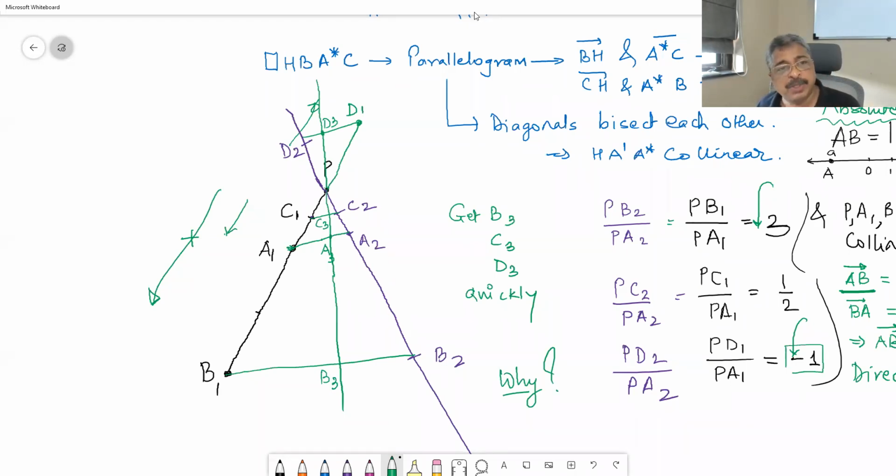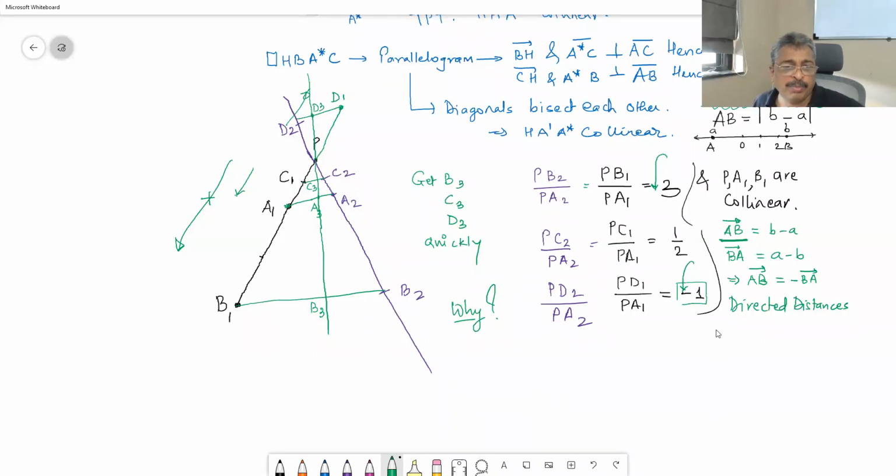Why will those points be the required points? And they will give me these ratios. What do we mean by those points? PB3 upon PA3 is going to be 3. PC3 upon PA3 will be equal to half. And PD3 upon PA3 will be equal to -1. Easy. Just think about why will it happen.